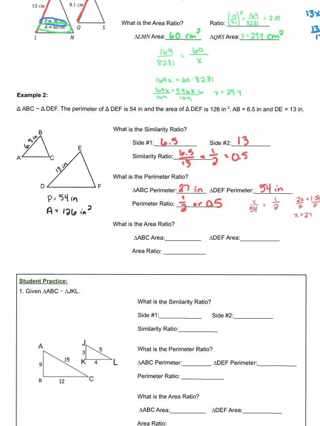Okay, I need the one area, so the area of the second triangle is 126 inches squared, and we're going to use that to find the other one. However, my area ratio, I'm going to take that 1/2, and I'm going to square it so that it is 1 over 4, or 0.25. Okay, so I'm going to use that 1 over 4.